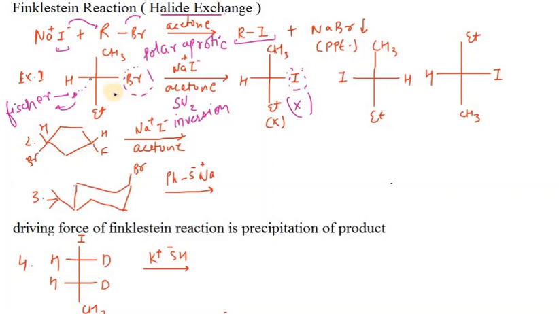So we try to figure out its configuration. Bromine is 1, ethyl is 2, and methyl is 3. So it goes 1, 2, 3, and it should be R, but hydrogen is on the vertical. It should be on the horizontal, but it is on the vertical. So here 1, 2, 3 is R, so the configuration here is S. Now we check the configuration here, which is again 1, 2, 3.